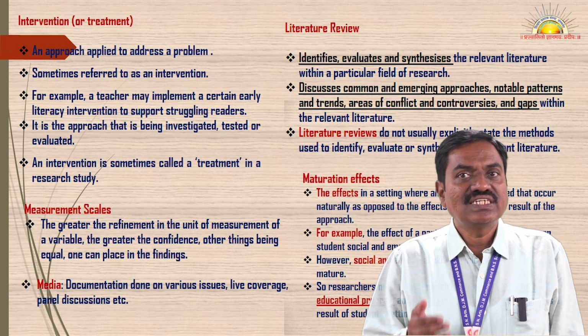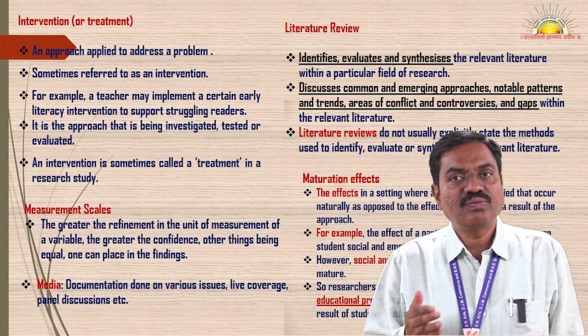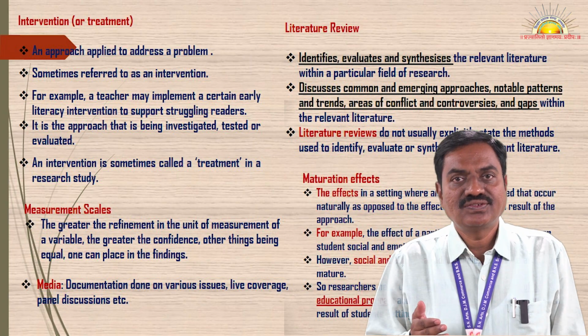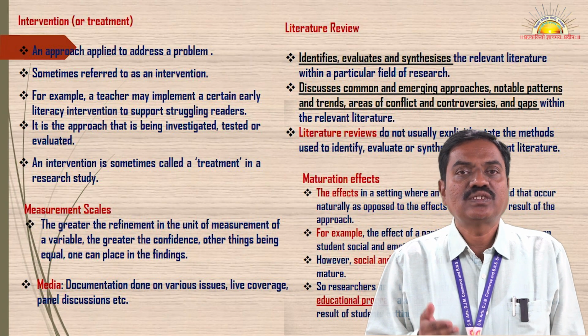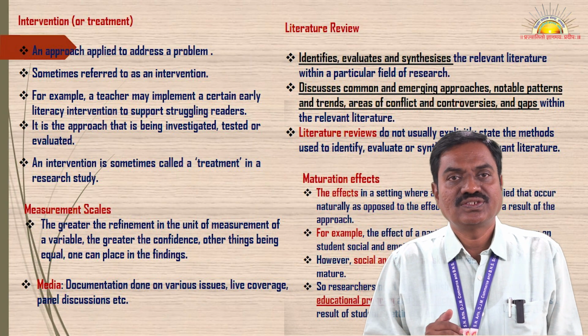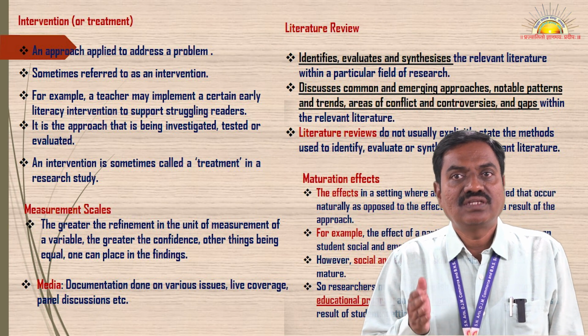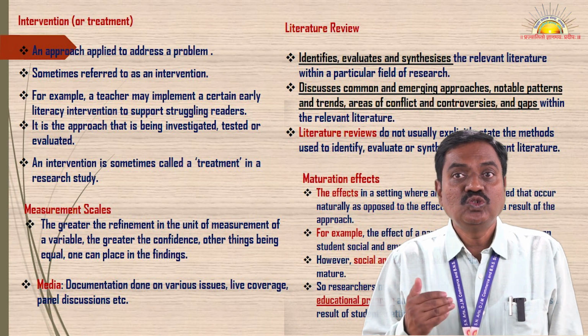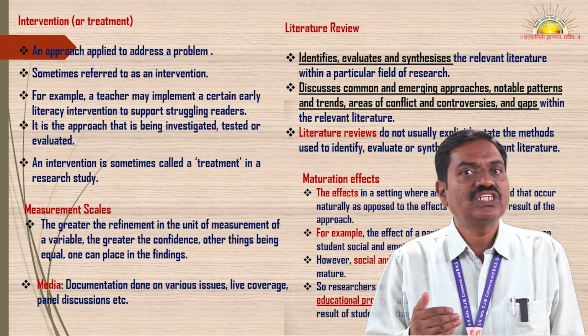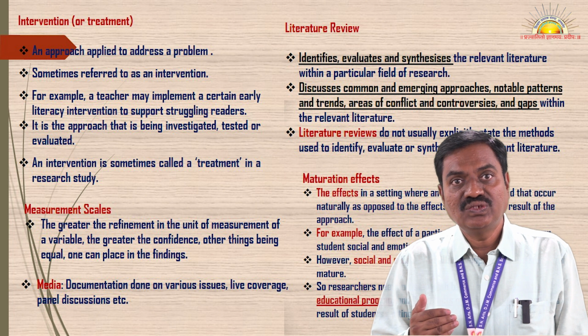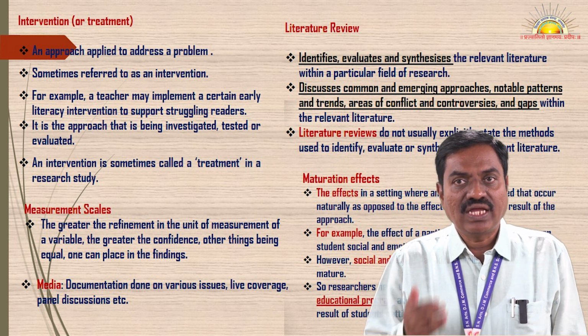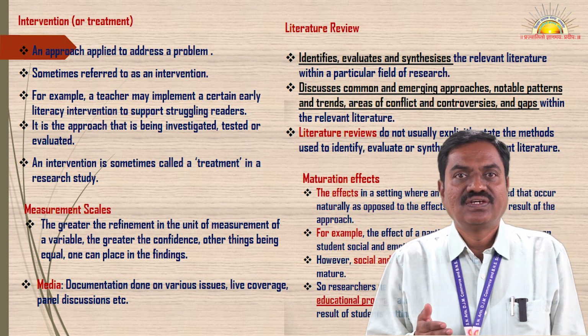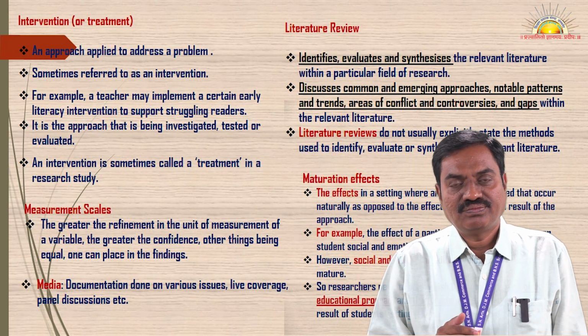It usually discusses common and emerging approaches, notable patterns and trends, areas of conflict and controversies, and gaps within the relevant literature. Literature reviews do not usually explicitly state the methods used to identify, evaluate, or synthesize the relevant literature.